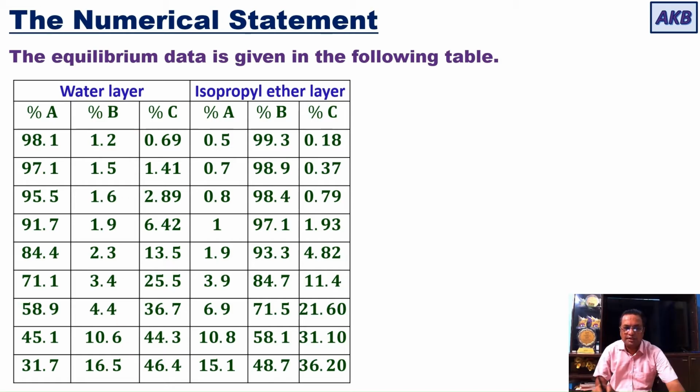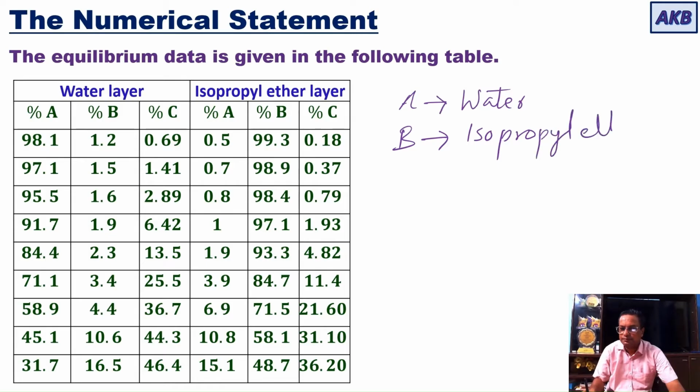In our discussion, A is the carrier solvent, which in this case is water. Then B is the extracting solvent, in this case isopropyl ether. And the solute to be extracted, we denote that by C, and in this case it is acetic acid.